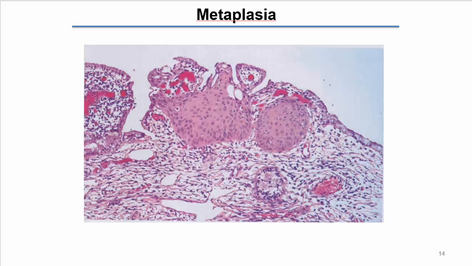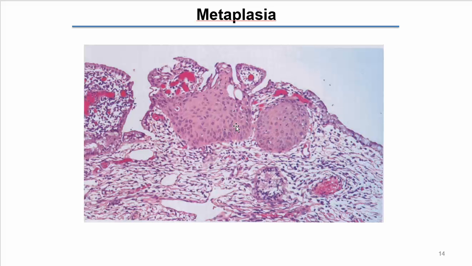So here is some epithelium, and you'll see that right along here, this is the good epithelium. See, it's a columnar epithelium along here, and then it's turned into this locus of stratified squamous is what it's trying to be, and I mean that's quite a large collection of metaplasia.